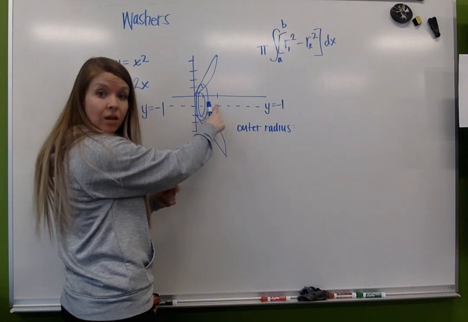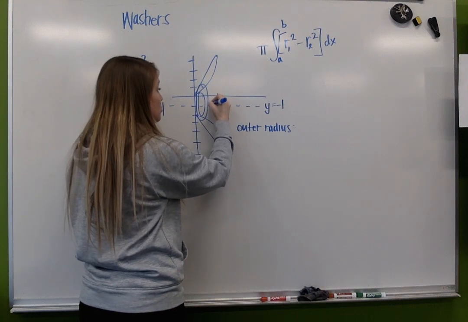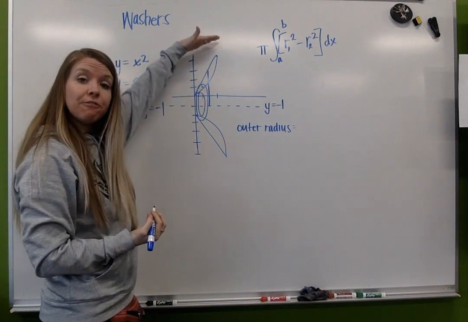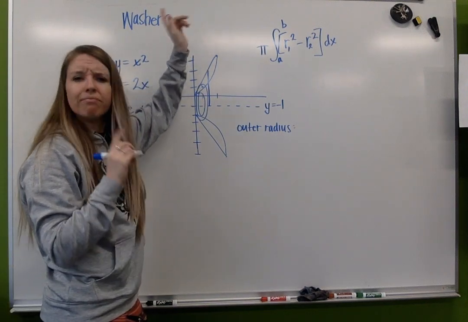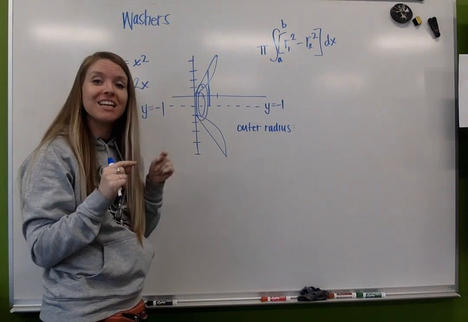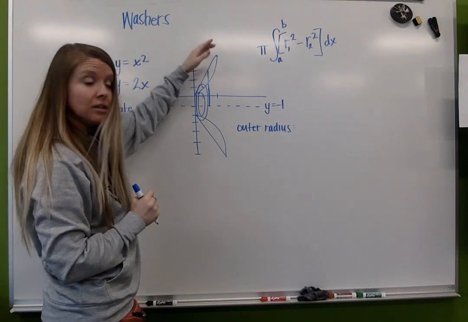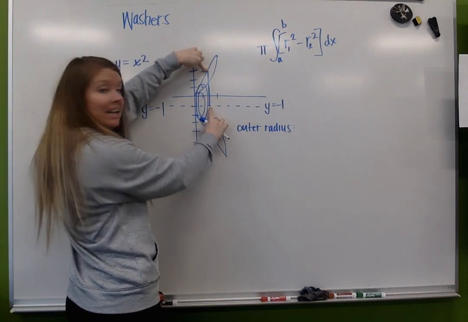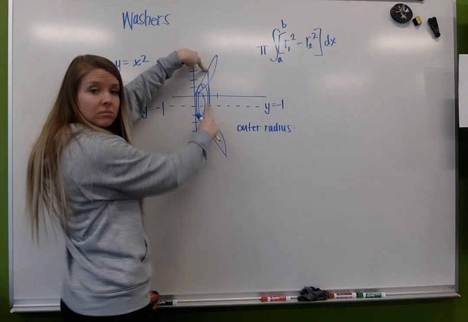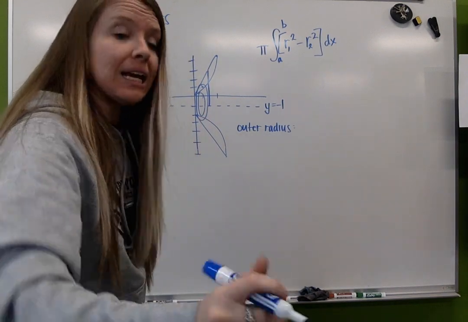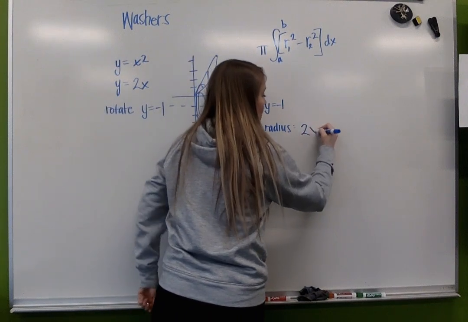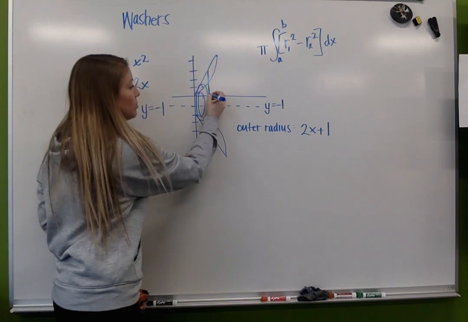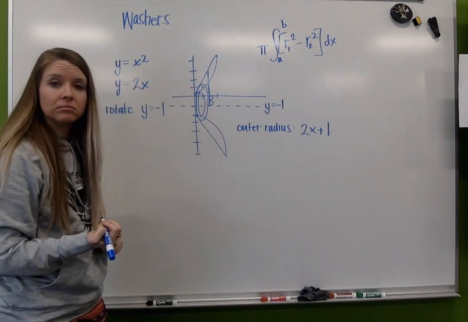Going from the line of rotation, I'm going to draw that to my outer radius. My outside function is 2x, the line. But this is 2x, and I've added 1 to it. So my radius is going to be 2x plus 1. My function plus this distance here.